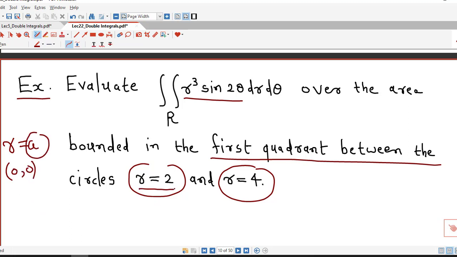So these two are circles with the same center, the origin, and radii 2 and 4.